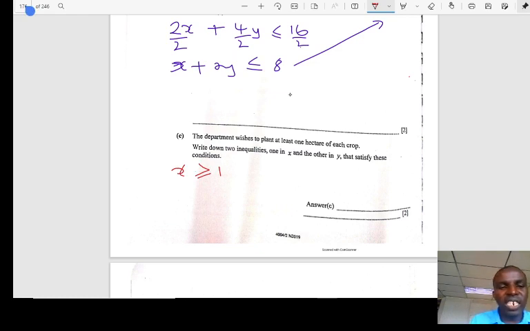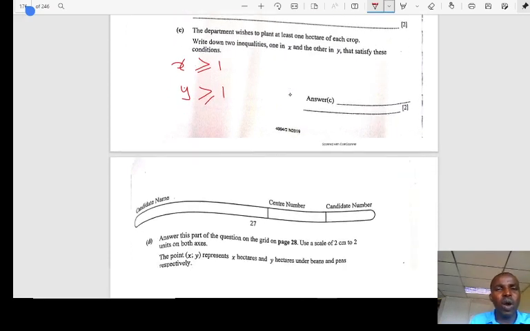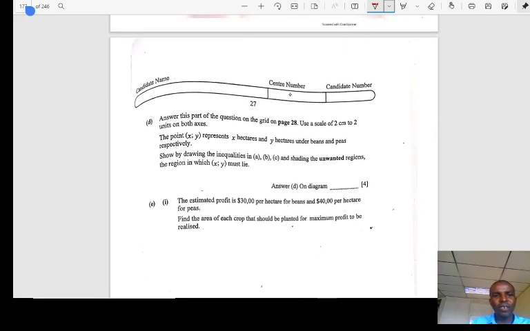Then the other, the number of Y must also be greater than or equal to 1. So peas, hectares greater than or equal to 1, beans, hectares greater than or equal to 1. At least means greater than or equal to. So these are the two inequalities that you have to write.